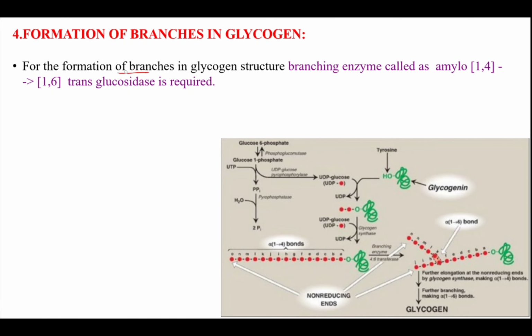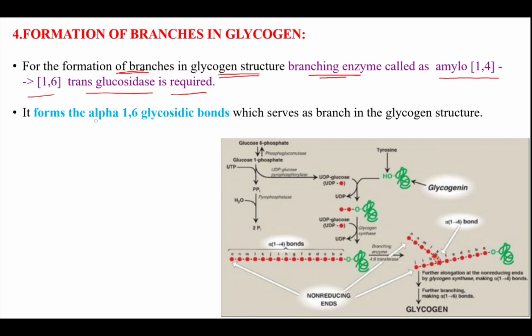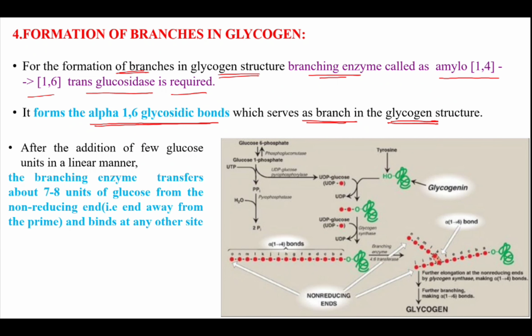For the formation of branches in the glycogen structure, a branching enzyme called amylo 1,4 to 1,6 transglucosidase is required. This enzyme forms alpha 1,6 glycosidic bonds that serve as a branch in the glycogen structure.